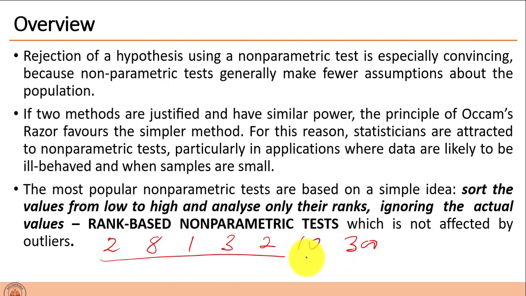So this is a data set. If we want to use this data set as it is, we are going to have problem. For example, calculate the mean of this one. Because of this 300, the mean is going to be high. So we tend to use non-parametric statistics when we have things like this. It's not normally distributed, we have outliers, or the data is ill-behaved.